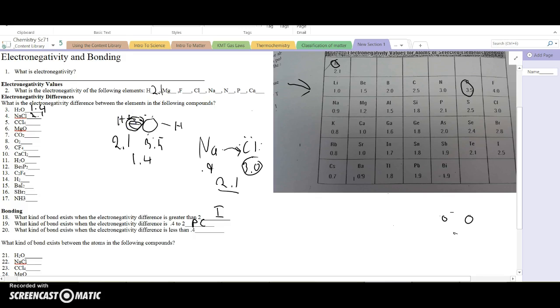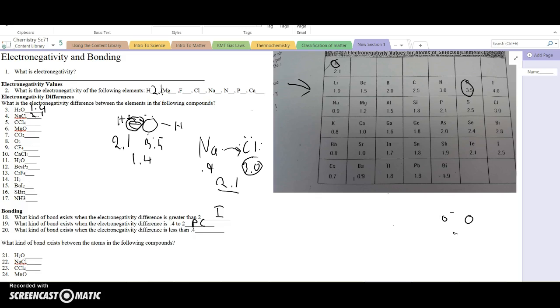And it's more positive because hydrogen's shared pair of electrons aren't there as often. And it has protons in its nucleus, in this case 1 proton, and because those electrons aren't there, it is going to be more positive. So there's a negative side of the bond and a positive side. And the negative side is always towards the element that has greater electronegativity.